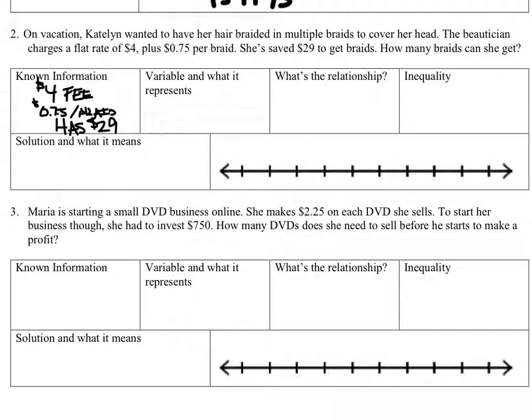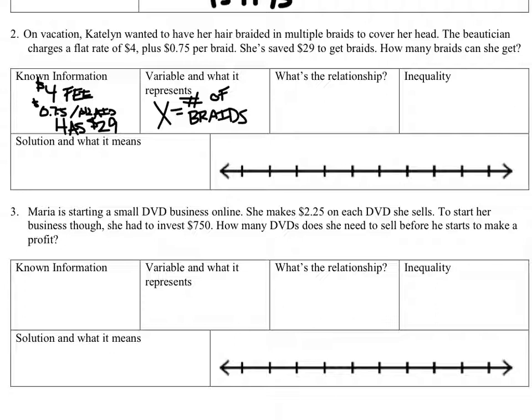So let's define our variable. We can use, say, x is the number of braids she can get. Well, what is the relationship? The relationship is how many braids she can get with her $29 at 75 cents per braid and $4. So she can spend up to the $29. So that's going to help us with the inequality up in here.